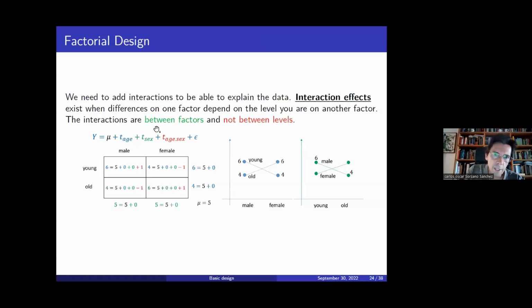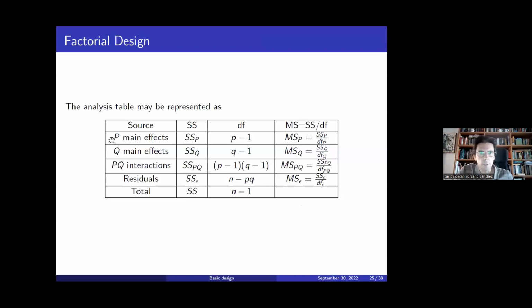So by extending my model, I can explain the data that I observed. And again, interactions will be another line in my ANOVA table. I will have a line for the main effects of the first factor, the main effects of the second factor, and the interactions between both factors.